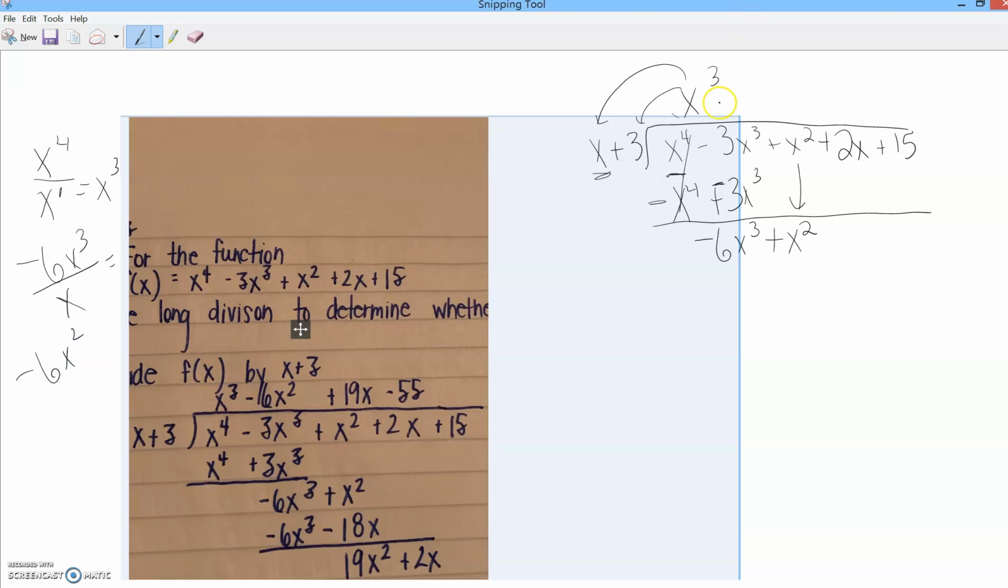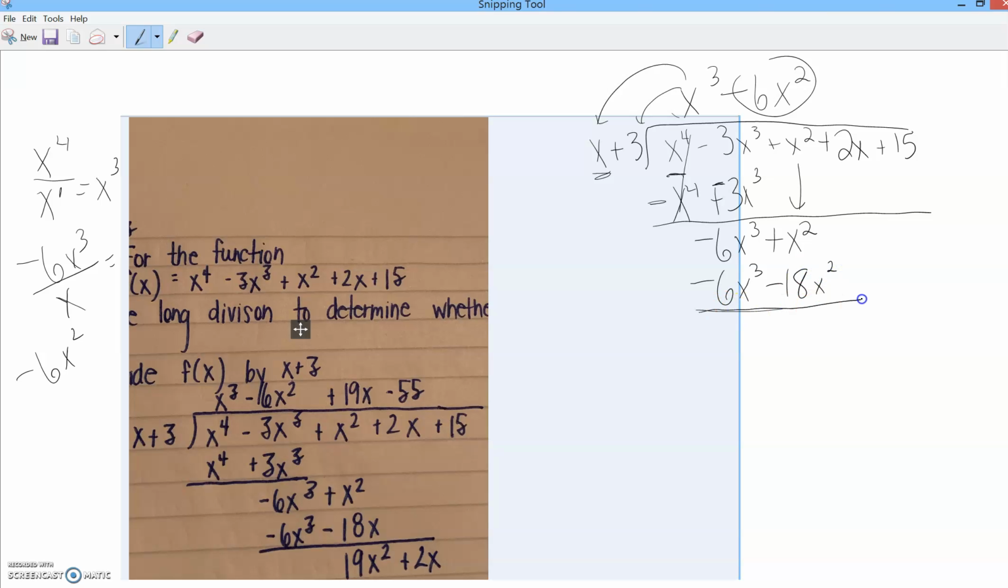So that goes up here on top, and then we multiply. Negative 6x to the second times x gives us negative 6x to the third, and negative 6x to the second times 3 gives us minus 18x to the second.